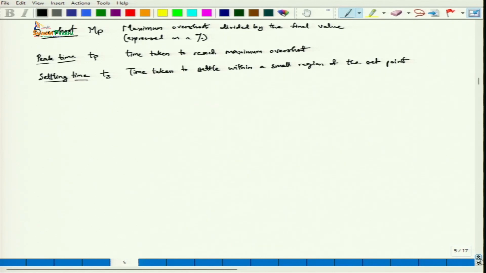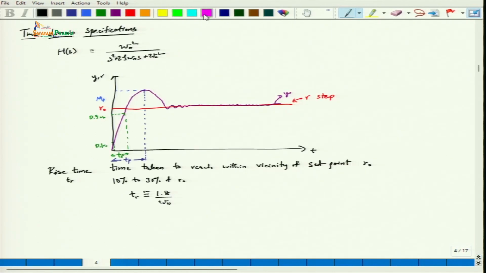So let us go back to the figure and we say that we want y to settle, say within 1%. So in this case what we will do is we will draw something like to be within plus or minus 1% of R naught.